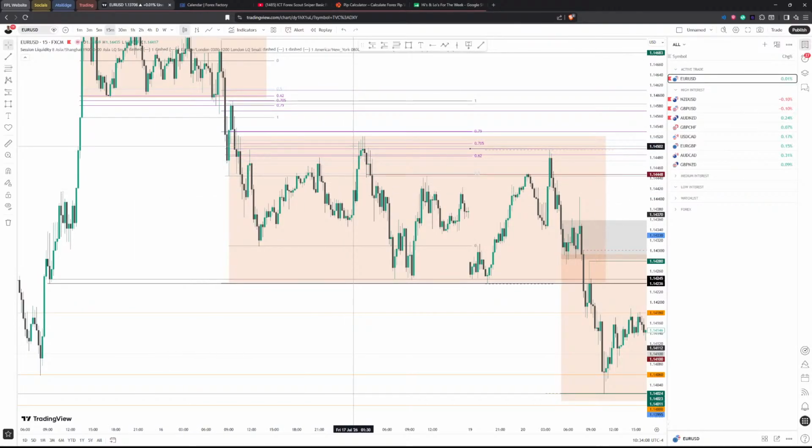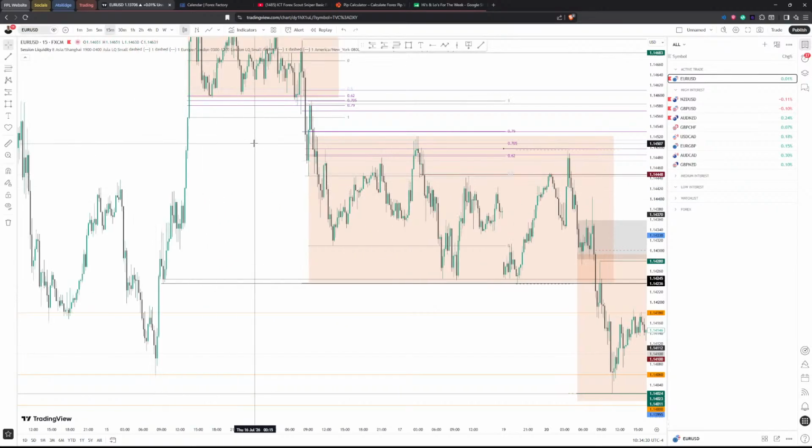We say we have a bullish displacement upwards into OTE, never closing above the 1.45 level. Or above, sorry, above 1.45.